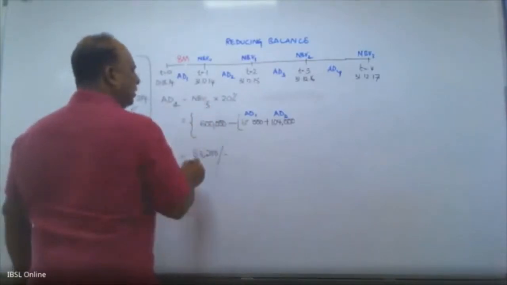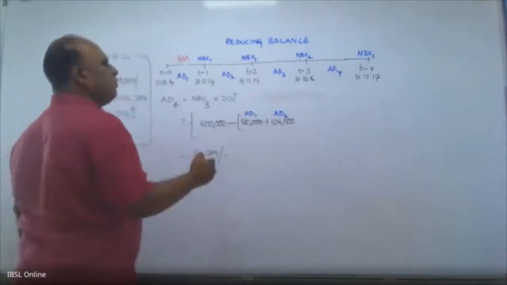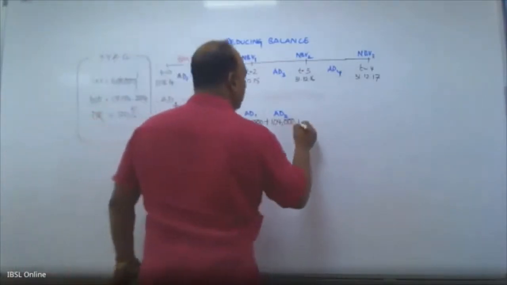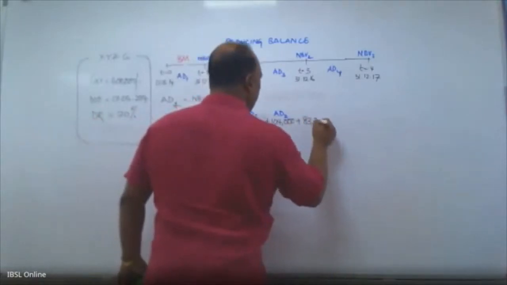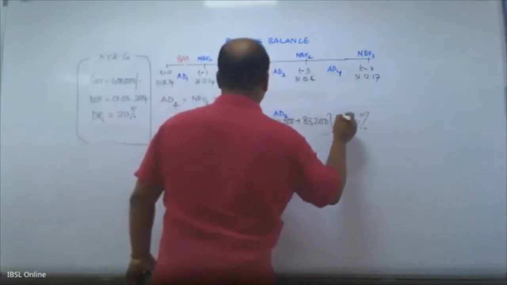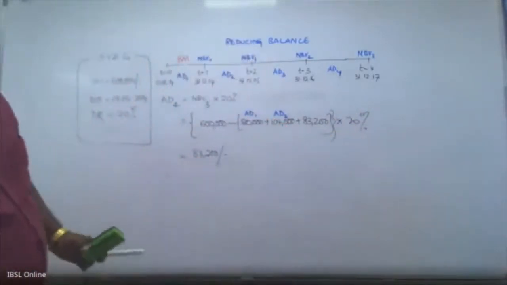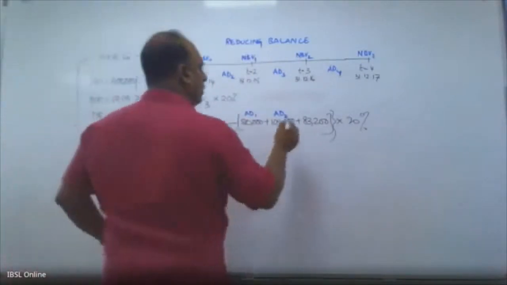So net book value 3 means you have to consider one more depreciation, that is plus 83,200 into 20%. So accumulated depreciation will go up by one more year.